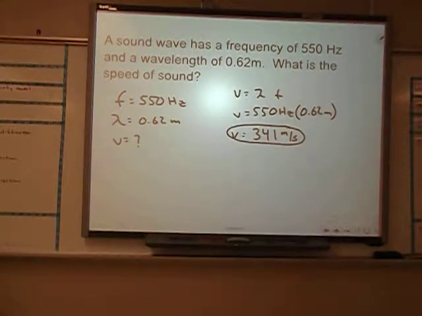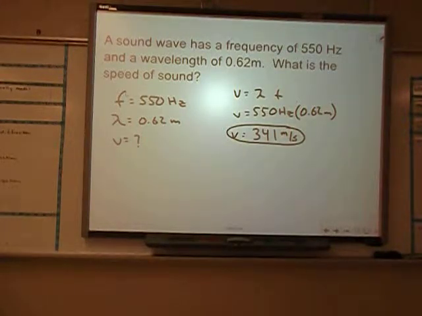Now I want to point out, this is really important to know. There are things that can confuse you when dealing with multi-step problems, because wavelengths and distances a wave travels are both measured in meters. But one of them is a wavelength, the other is a distance. Again, we have two different equations we can use to calculate velocity. You've got to read the question to figure out which one is which.